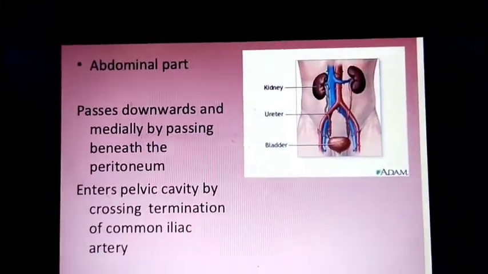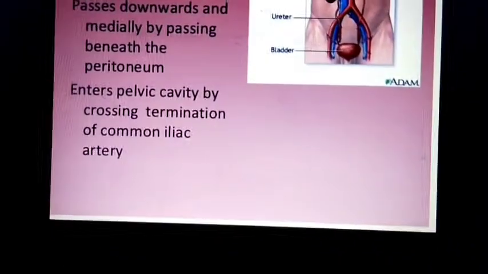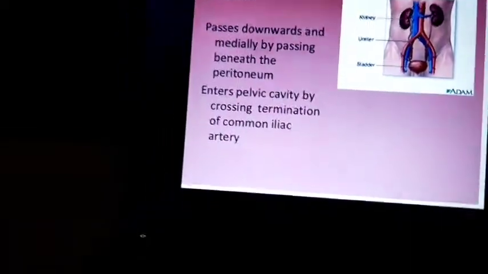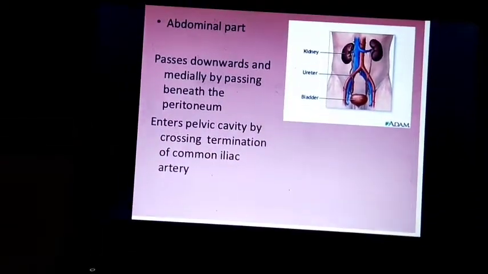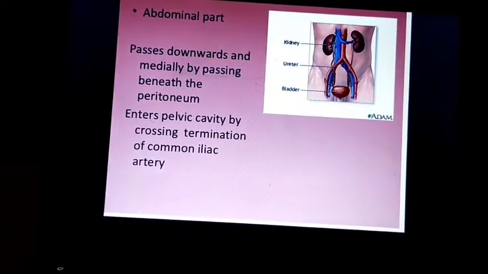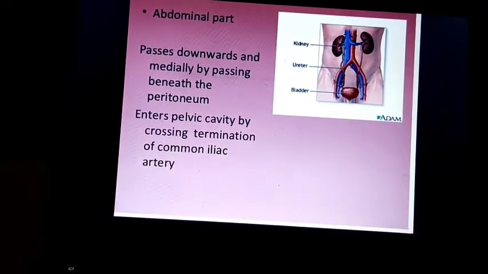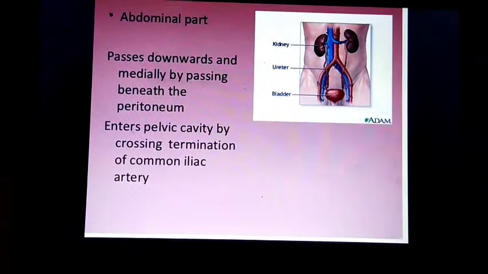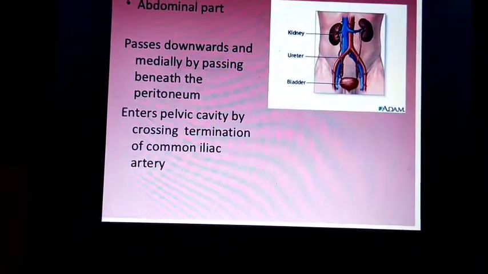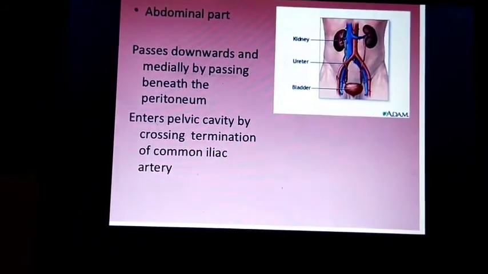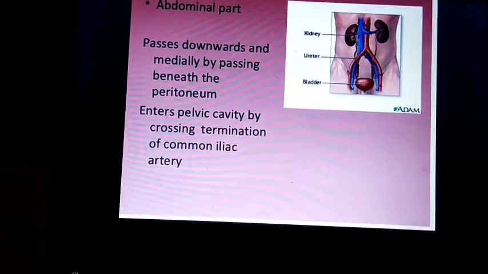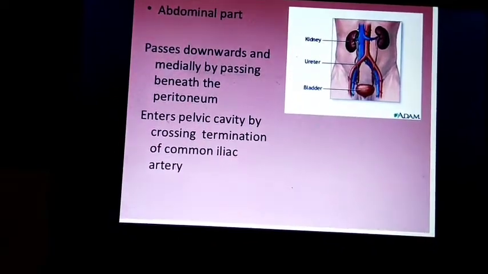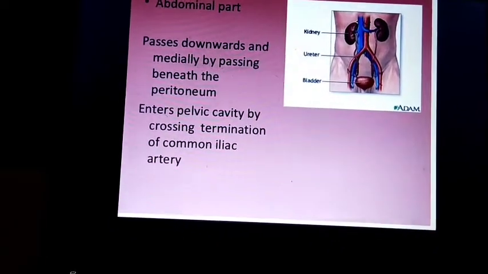Then we can go for the abdominal part. After the continuation of the renal pelvis, the ureter passes downwards and slightly medially along the psoas major muscle, just medial to it, and enters the pelvis by crossing in front of the termination of the common iliac artery.